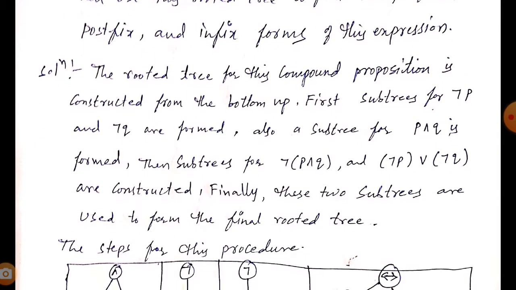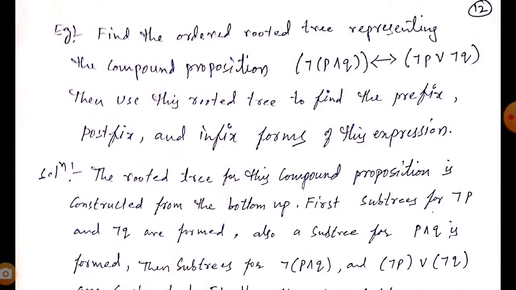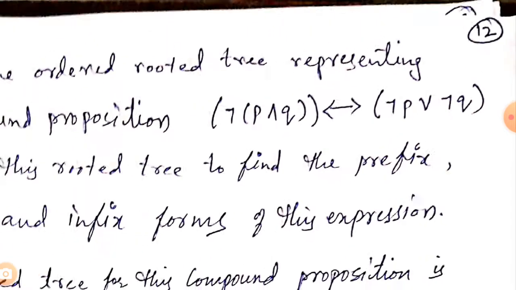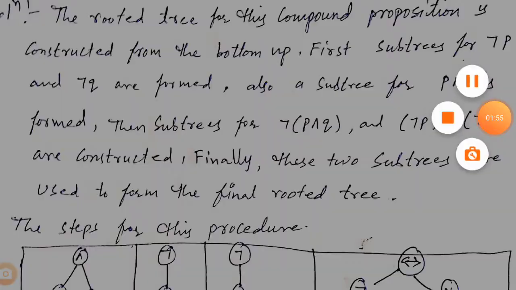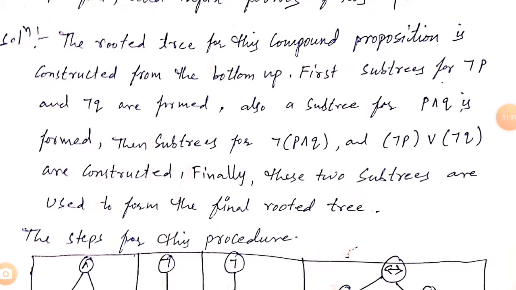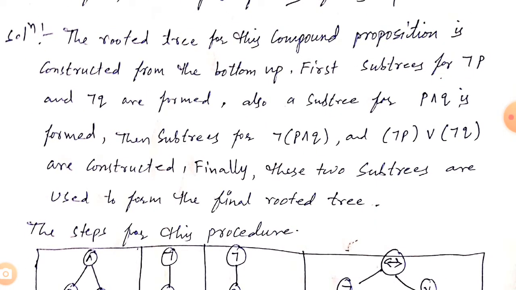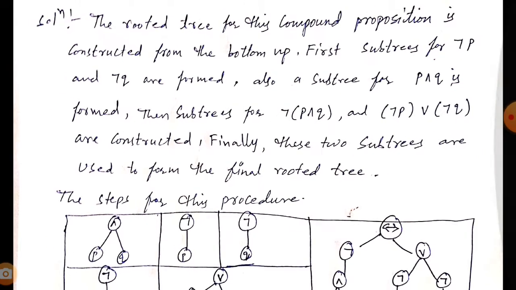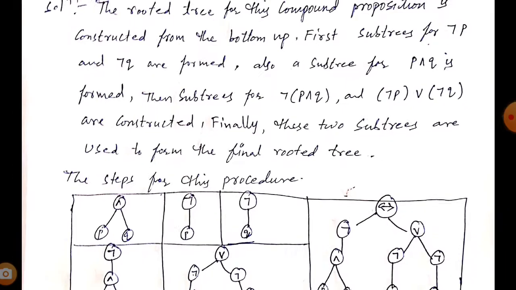Then subtrees for negation of P and Q, and after that negation P or negation Q, like that you have to form. So finally these two subtrees are used to form the final rooted tree.